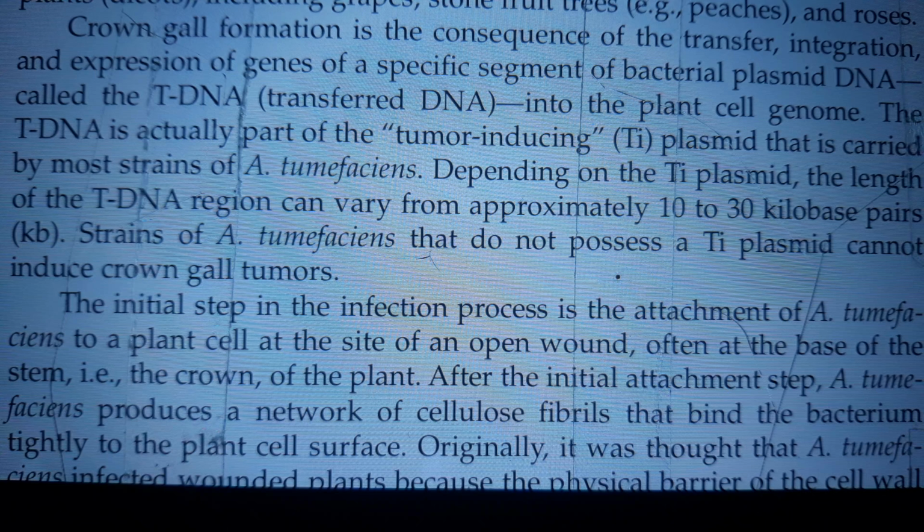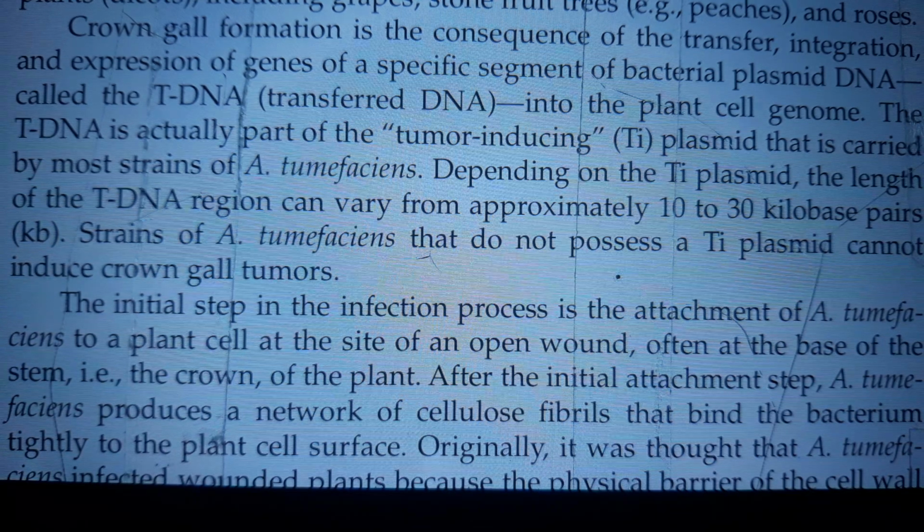The T-DNA is actually part of the tumor-inducing Ti plasmid that is carried by most strains of A. tumefaciens. Depending on the Ti plasmid, the length of the T-DNA region can vary from approximately 10 to 30 kilobase pairs. Strains of A. tumefaciens that do not possess a Ti plasmid cannot induce crown gall tumors.